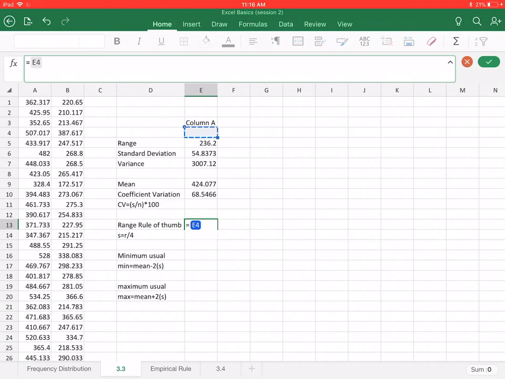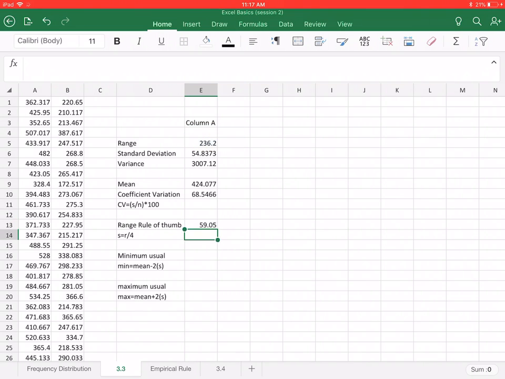So we can do equal, find our range, so we can just click the cell with our range in it, backslash 4. All you have to do. And in all reality, it's kind of pretty close. The range rule of thumb says the standard deviation should be about 59, and in reality it's about 55 if we round up. So it's not that far off, it's not super close, but it's not far away either.